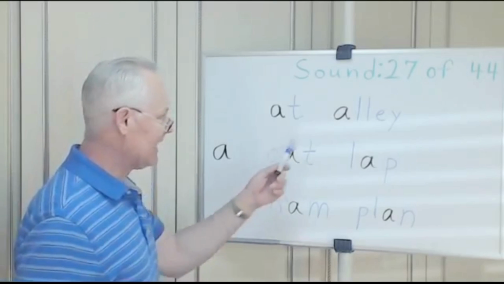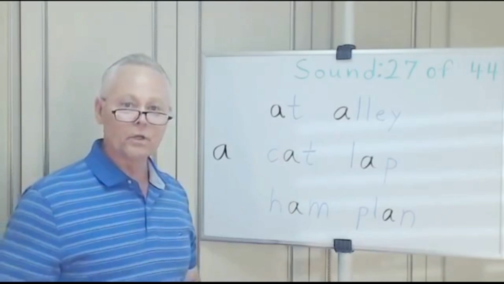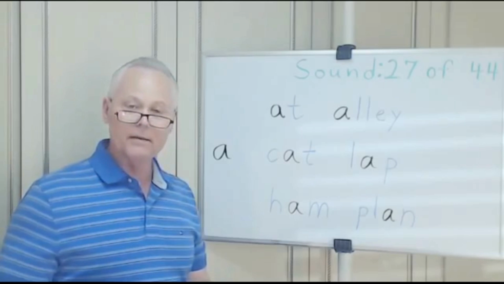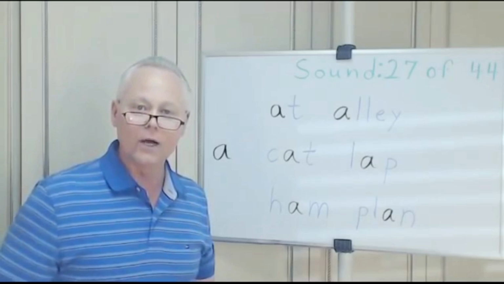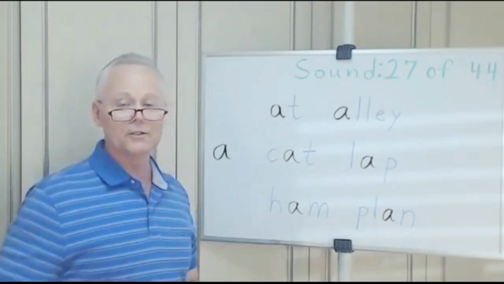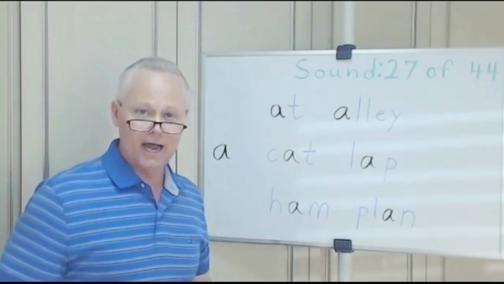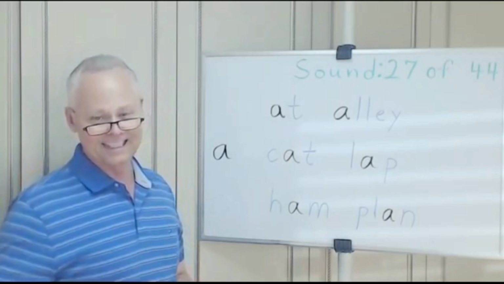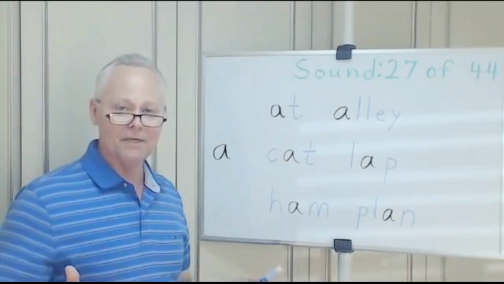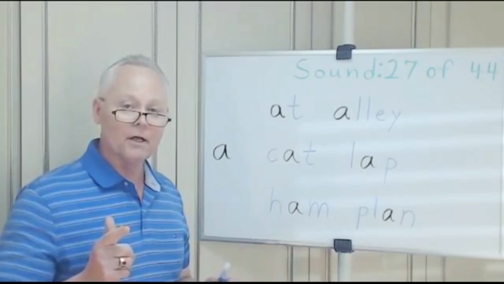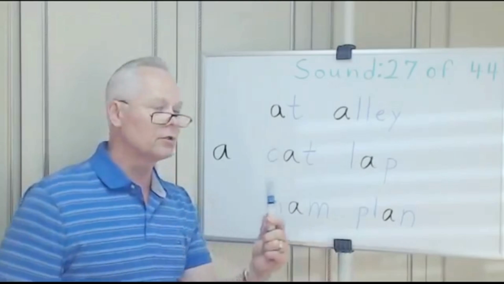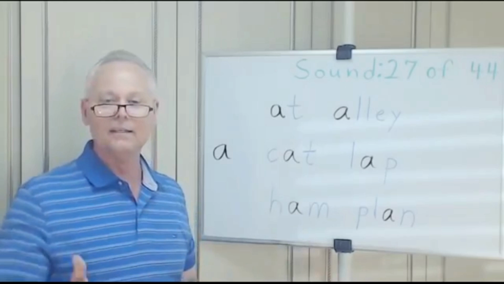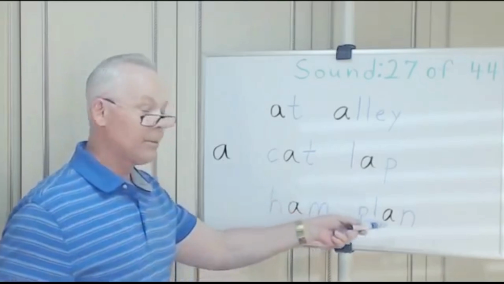A lap. Well, maybe your child likes to sit on your lap while you're watching TV. Or perhaps you like to sit on your father's lap while you're watching TV. A lap. Now, a lap could also be you go to school and you run laps or you swim laps in the pool. A lap. A plan.